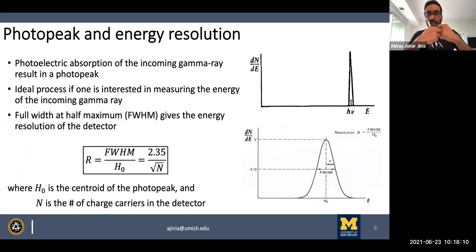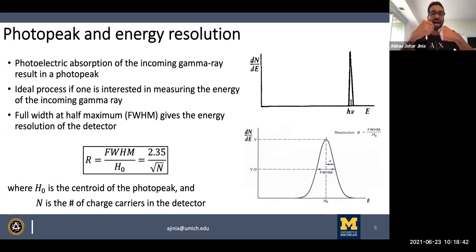So the question is, can we see two separate photopeaks in our detector? This is driven by the resolution of the detector. The resolution will tell us if we will be able to separate these two energies in our spectrum. So how do we calculate the resolution? It's the full width at half maximum of the photopeak, as illustrated in the figure.